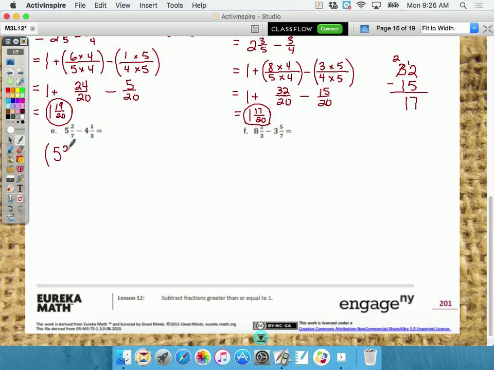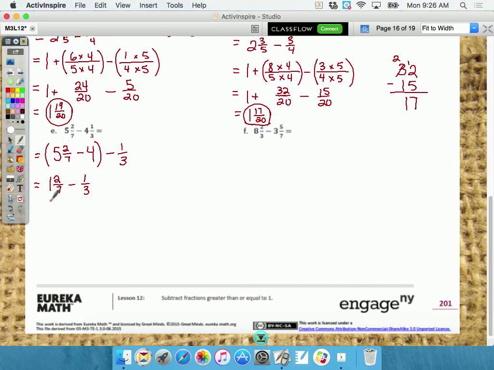I know that because my whole number is only going to be 1. So take 1/3 and put it outside the parentheses. Okay, so 1 2/7 minus 1/3. Now, this is the same thing as borrowing 1 from the whole number.